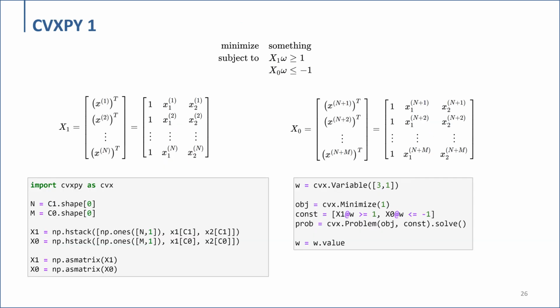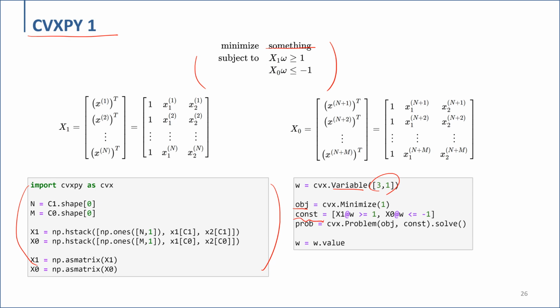From the expression by which we formulated the optimization problem, by using CVXPY we can formulate this optimization problem simply. With CVXPY, we need to set a variable as 3 by 1. The objective function can be anything, so we just let it be 1.